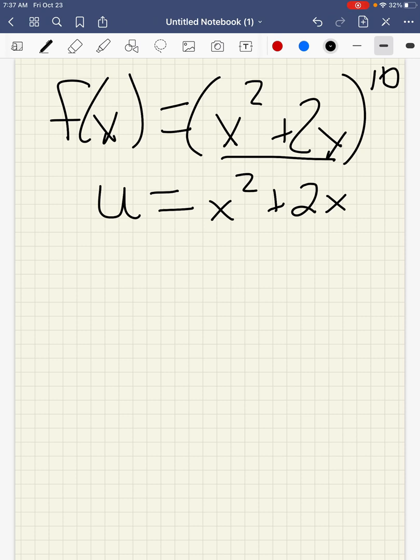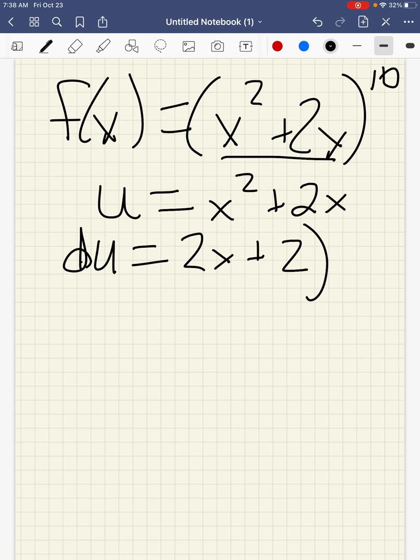And while you're at it, go ahead and find du, which is the differential. So du would be 2x plus 2 dx. And just hold on to these because we're going to use these in just a little while.